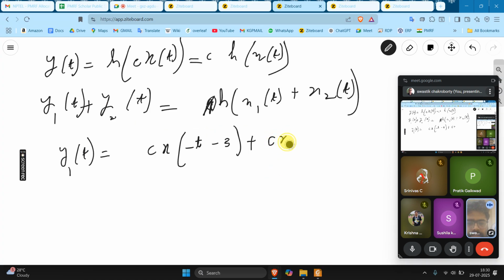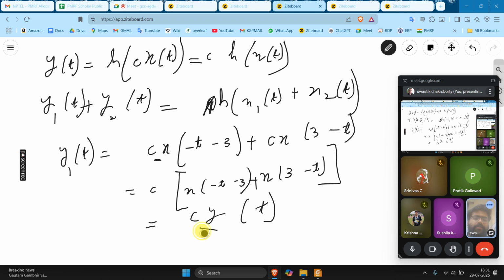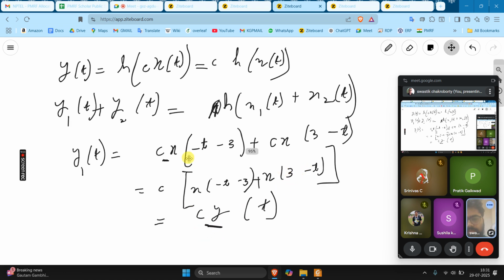So we are just multiplying c with x of t and then we are shifting them in time. That is what we are doing. We can take c common. So this is x of minus t minus 3 plus x of 3 minus t. So this is just c of y of t. So when we scale the input by c, the output also gets scaled by c. So it is homogeneous. Next is additivity.